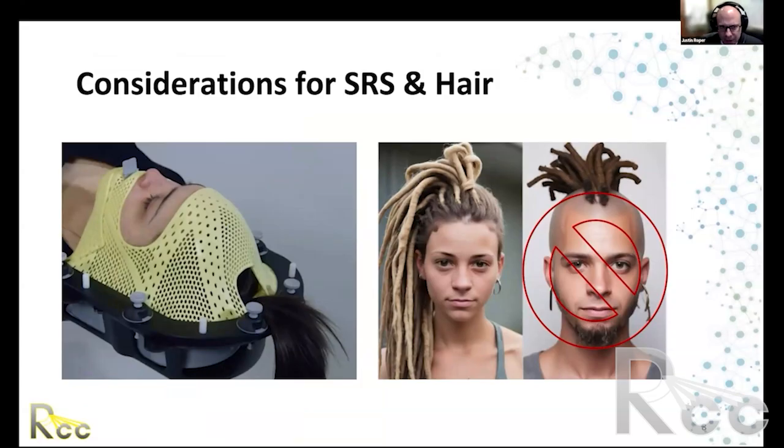These masks are used in clinical practice for patients who are claustrophobic. So here the patient would be able to see and not be restrained, and that would be one indication for an open face mask. Another indication for an open face mask is when surface guidance is used in conjunction with the therapy in order to evaluate for any motion during treatment.